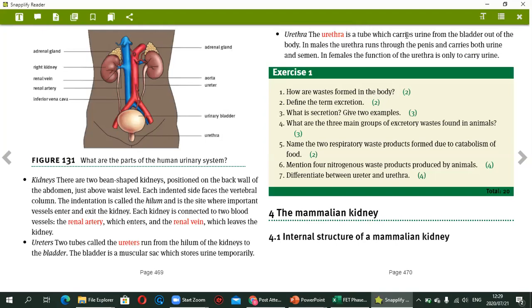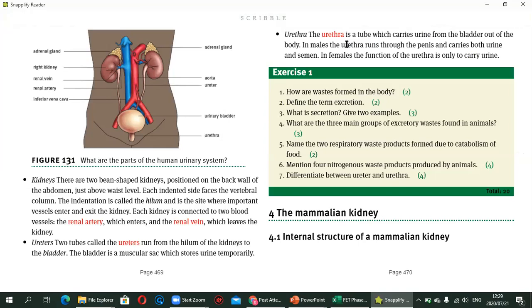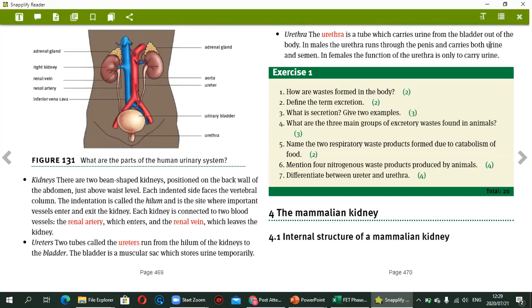So in males, you will find the urethra in their reproductive system. So whenever you study the male reproductive system, the urethra will be there as well, because it not only carries urine in the excretory system or the urinary system, it also carries semen for the reproductive system.